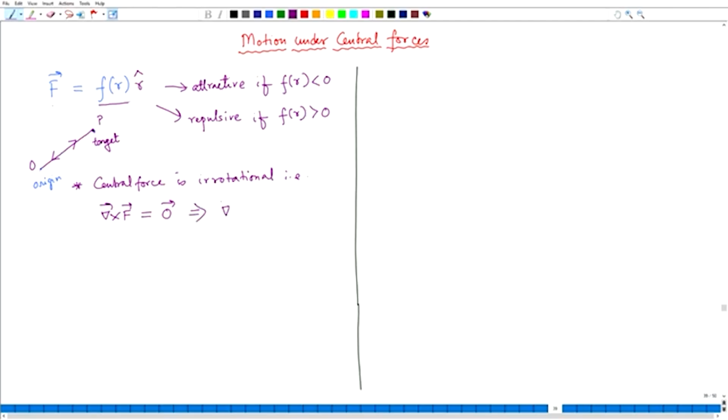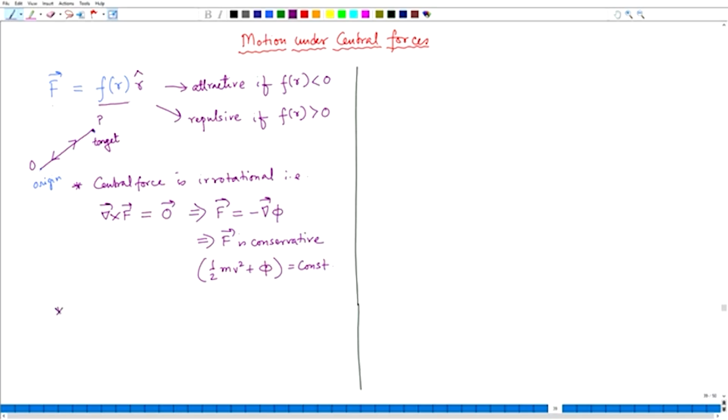That f can be written as the gradient of a scalar potential function, and the meaning is that f is conservative. That means half m v square plus phi is constant for the particle which is moving under this force.